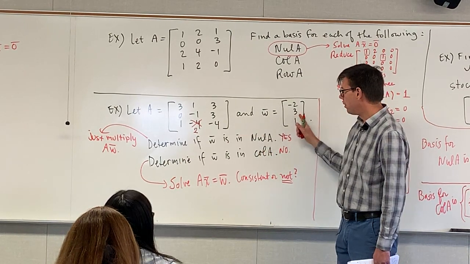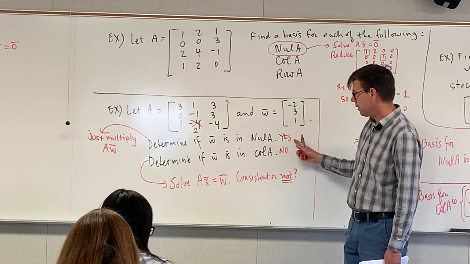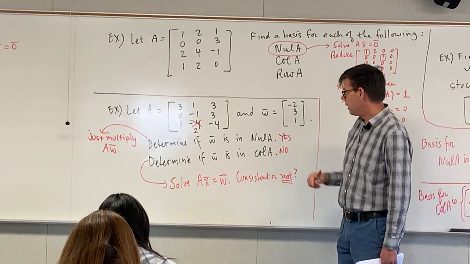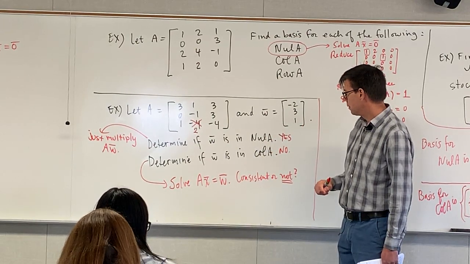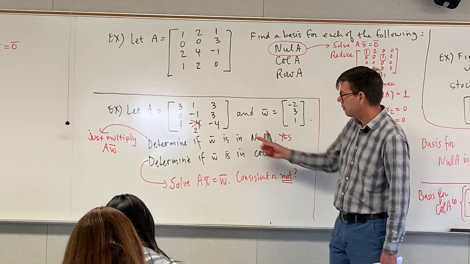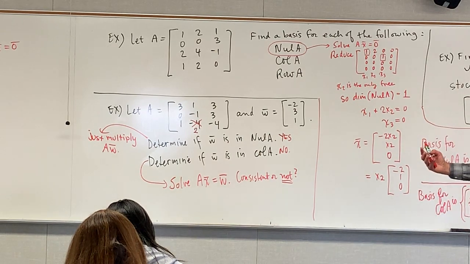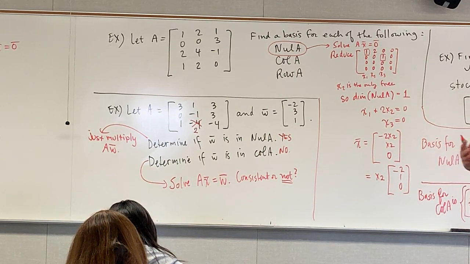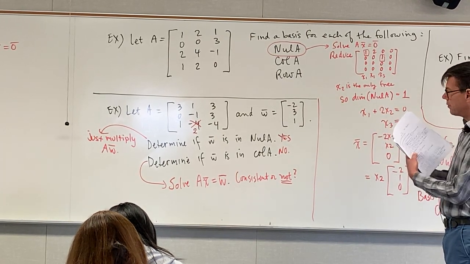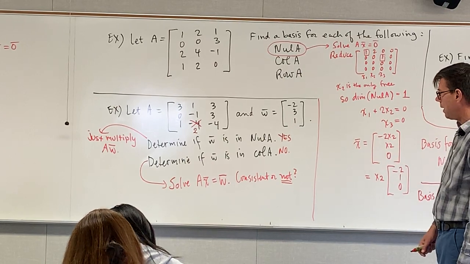So this W is definitely not in null A. Is W in column A? Yes, it must be, because a 3 by 3 invertible matrix represents a transformation that's both one-to-one and onto. They go together with square matrices, or transformations from Rn to Rn.